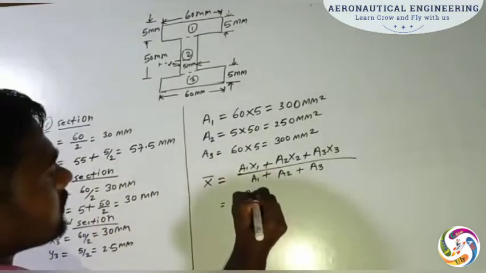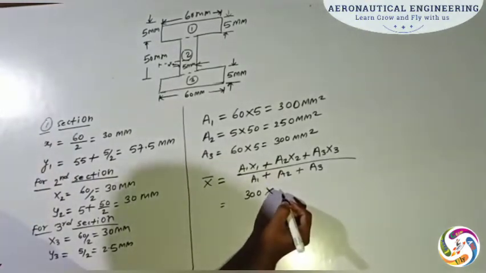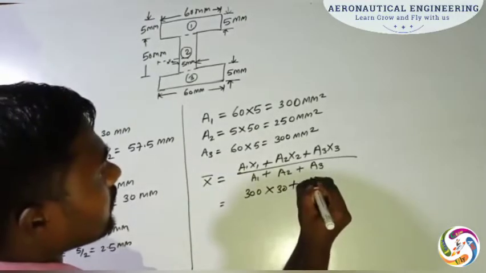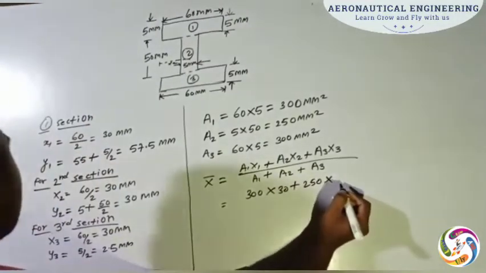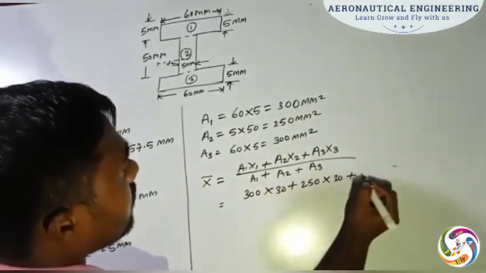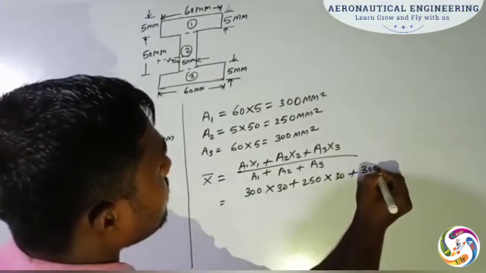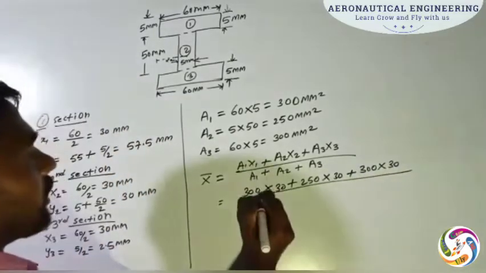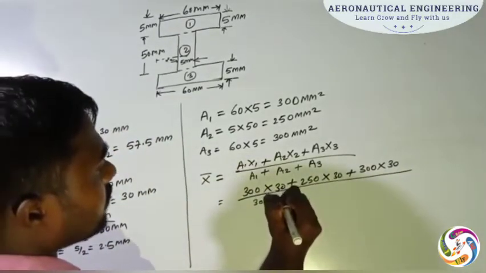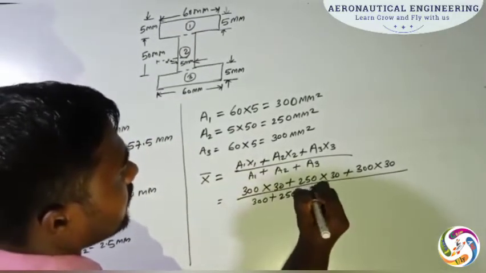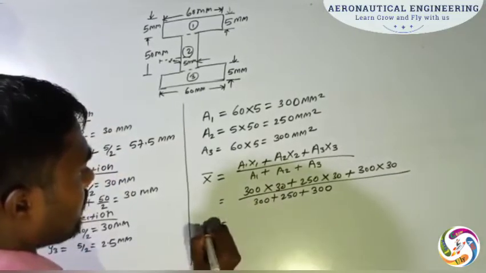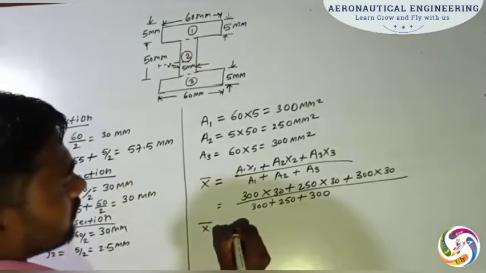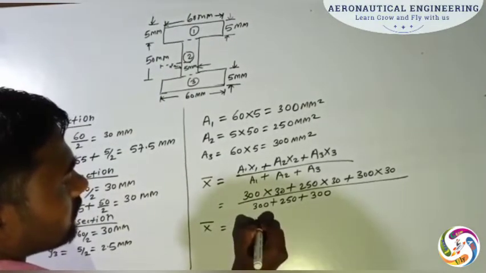The A1 value is 300, x1 is 30, plus the A2 value is 250, x2 is also 30, plus the A3 value is 300 and the x3 value is 30, divided by 300, 250 and 300. If we calculate this, we will get 30 mm.